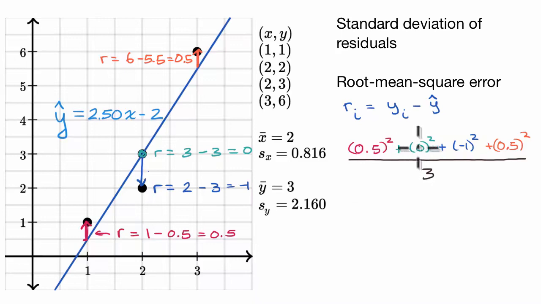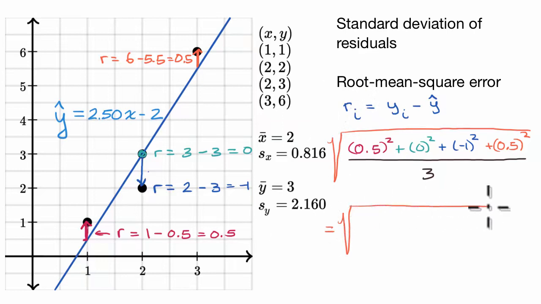You could view this part as a mean of the squared errors, and now we're going to take the square root of it. So this is going to be equal to the square root of 0.25, plus 0, plus positive 1, and then this 0.5 squared is going to be 0.25, all of that over 3.